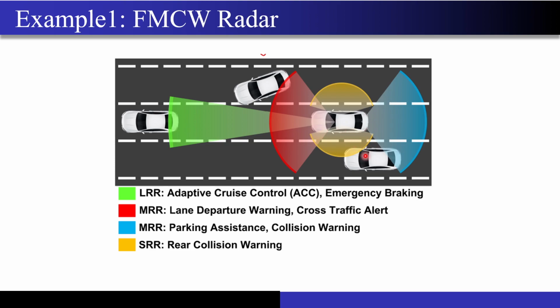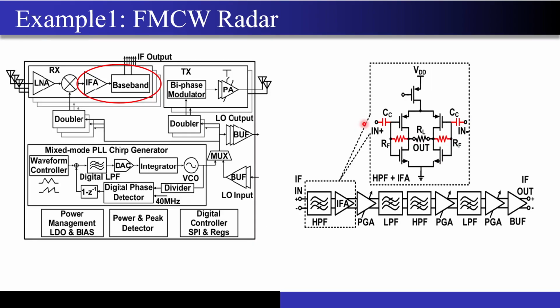Some radar is very short range, so it will help you to see whether there are any small objects present over here, maybe a dog or cat which has died on the road, or something which is coming over here. So that's why you need to create a cocoon-like structure around your car so that each and every spot is completely covered by all the radars present around your car.